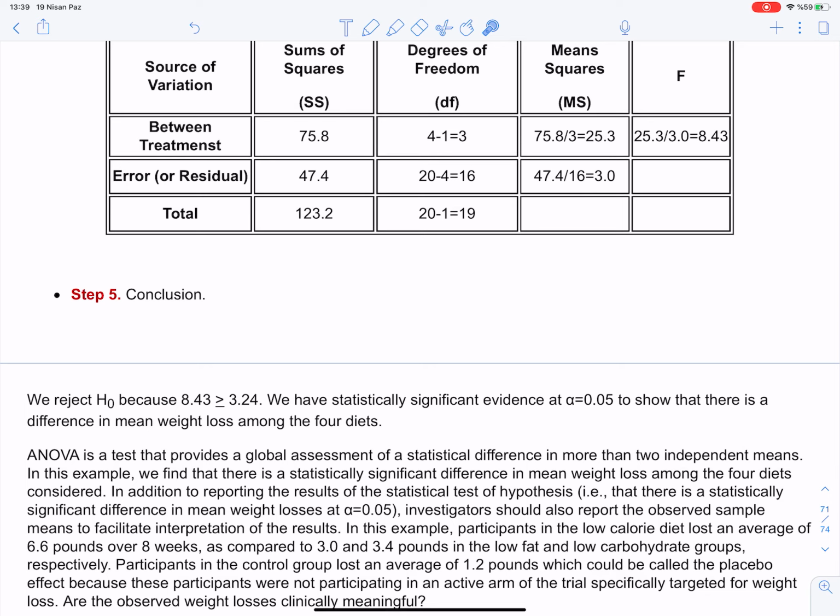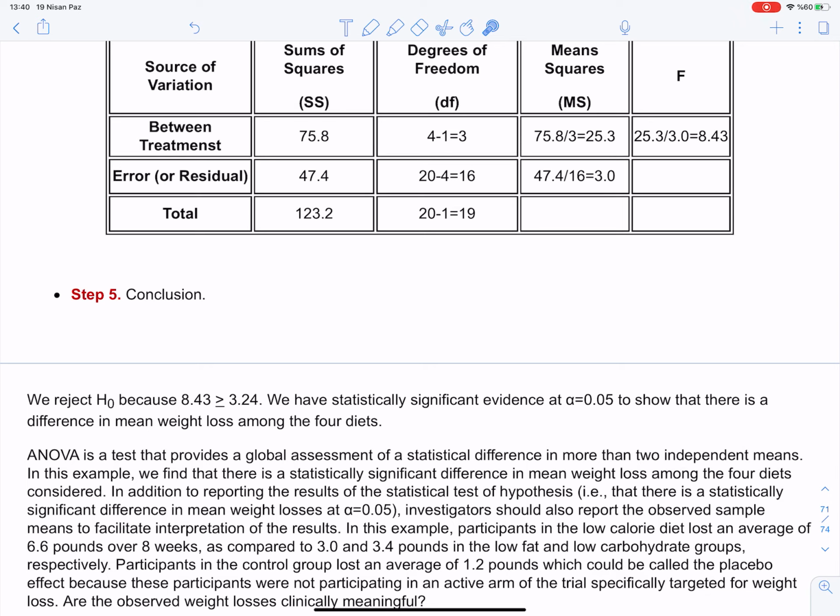In addition to reporting the result of the statistical test of hypothesis, that there is a statistically significant difference in mean weight loss at alpha 0.05 level of significance, investigators should also report the observed sample means to facilitate the interpretation of the result.